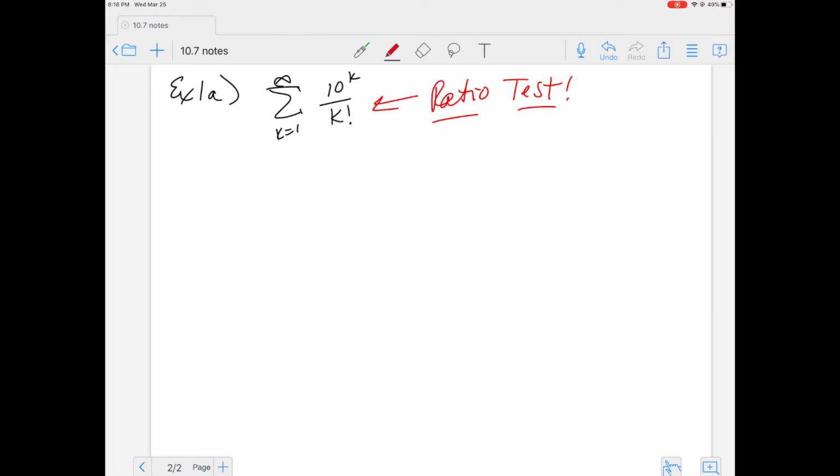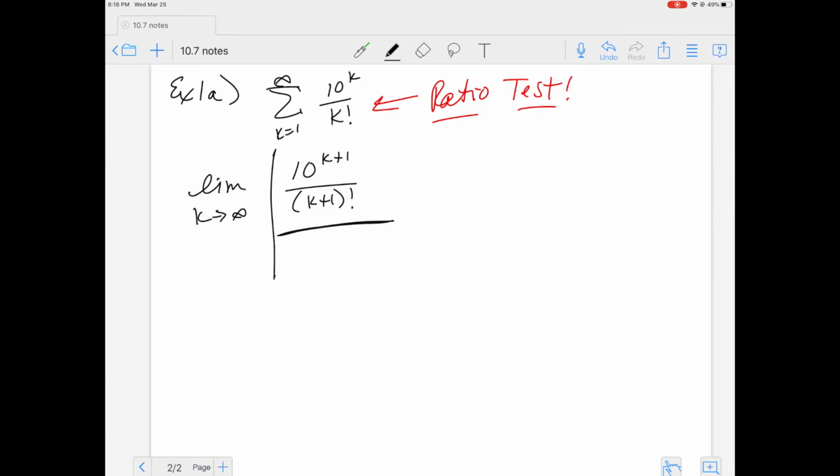All right? Okay. So, with this ratio test now, we are going to take the limit as k approaches infinity of this next term in my sequence. So I'm going to add 1 to each of these terms. So this is 10 to the k plus 1 over k plus 1 factorial.